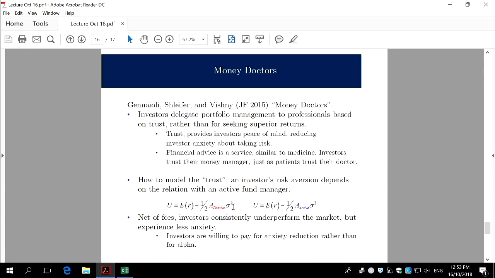In contrast, if you are dealing with a passive investment, there is no fund manager to provide you peace of mind, then you will fear taking risk a lot. If you fear a lot, then your risk aversion will become much larger. So the red color risk aversion will be much bigger than the blue color, even for the same individual. For the same person, your risk aversion will depend on whether you have an active manager to help you or not.